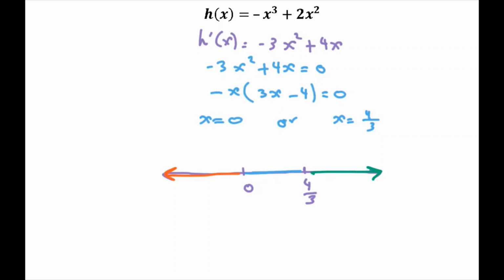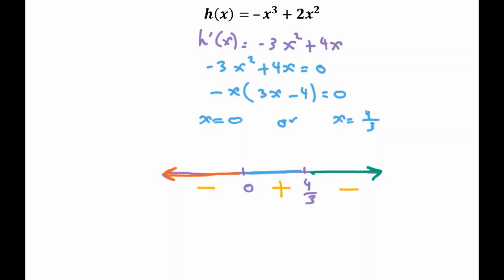You can try h prime of negative 1. Here you can try h prime of 1 maybe, and h prime of 3, 4, 10, whatever you want. Let me take 2, for example. If you try it, I care only about the sign, so you are going to get negative, positive, and negative.